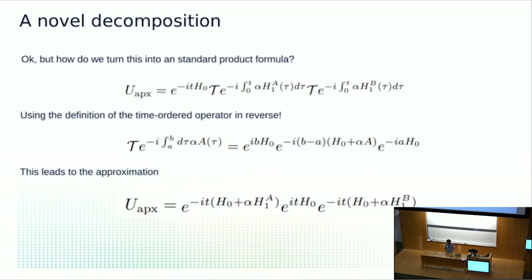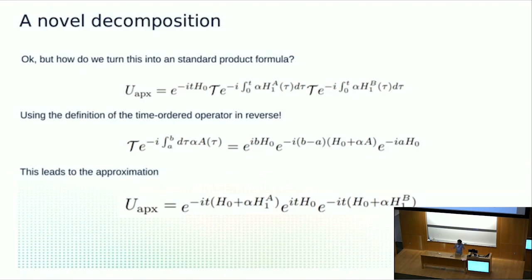We could say, okay, you choose H0, and then you choose H1, and then you do that multiple times. Here the idea is that instead of doing that, you choose a bit of H1 together with H0, forward in time, then the middle term is like choosing H0 backwards in time, and then you choose the remainder of the Hamiltonian.